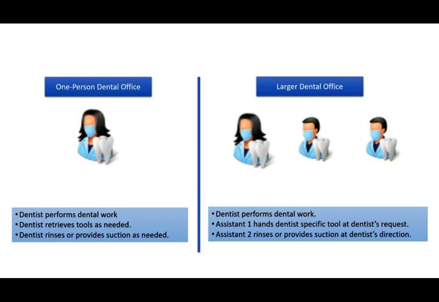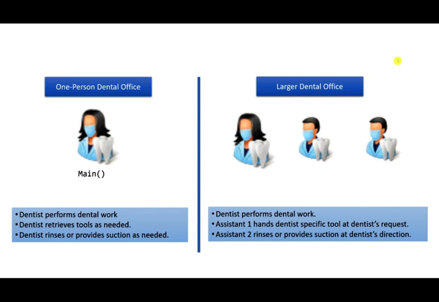So if you think about this in terms of a program, what you'd see is that having the dentist do everything is like having all the logic of your program in the main method.